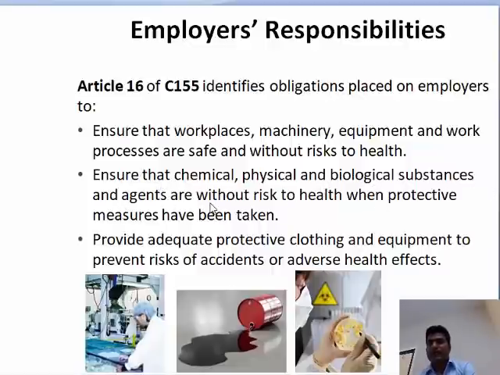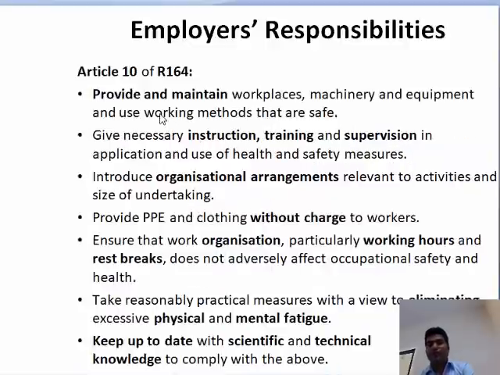The second is to ensure that chemical, physical and biological substances and agents are without risks to health when protective measures have been taken. And the third is to provide adequate protective clothing and equipment to prevent risks of accident or adverse health effects. So these are the responsibilities according to Convention C155 Article 16.